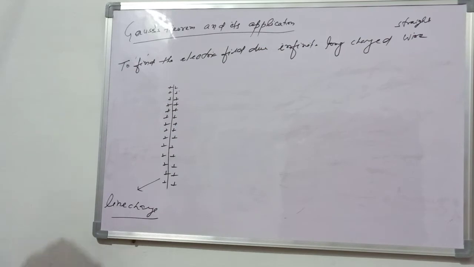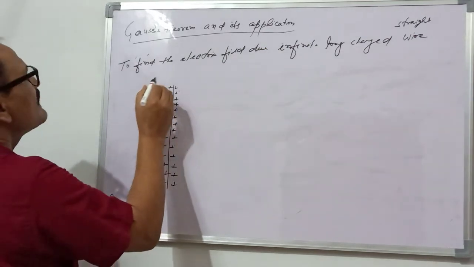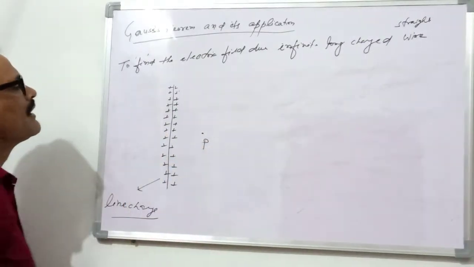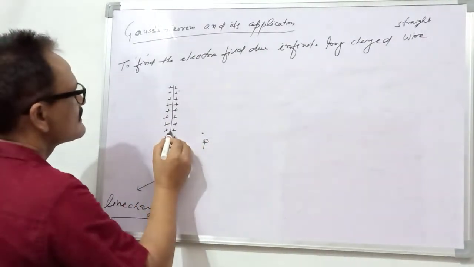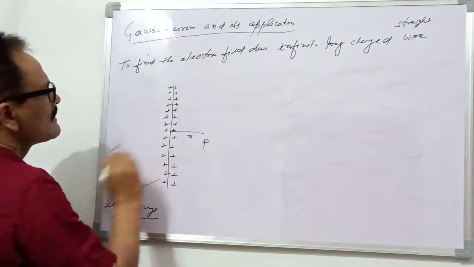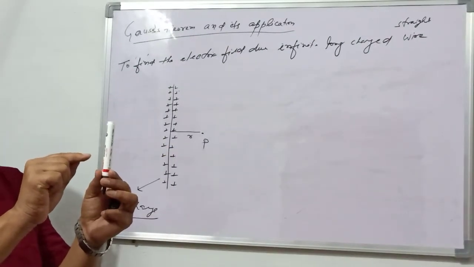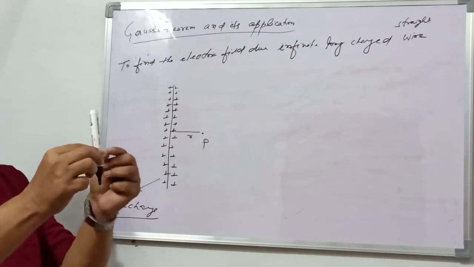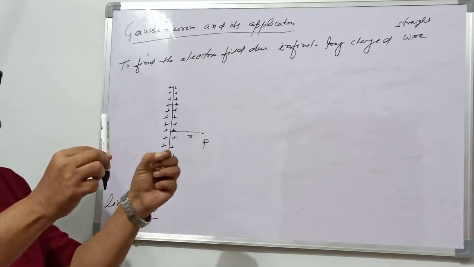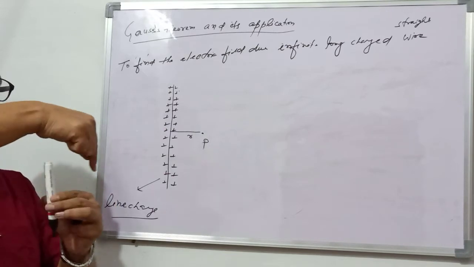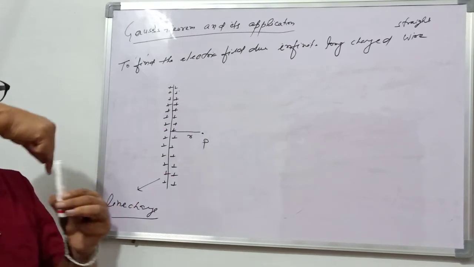Symmetrical means, suppose this is a point P at r distance. At r distance the electric field is along the outward normal, so the electric field at r distance is the same.